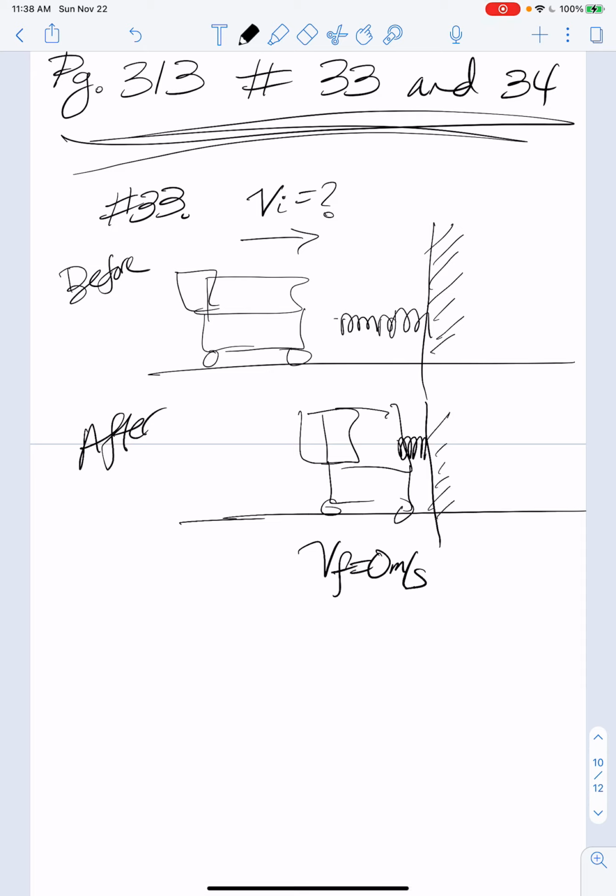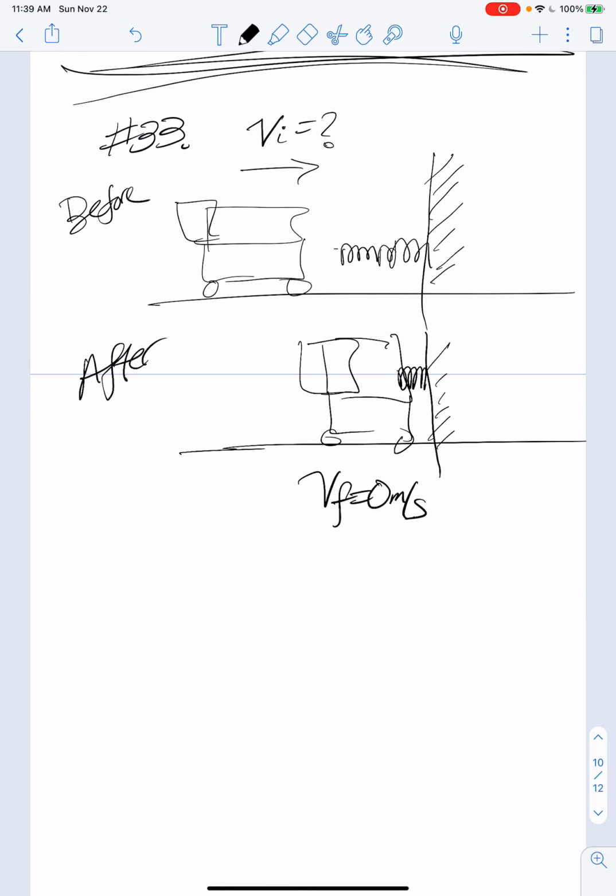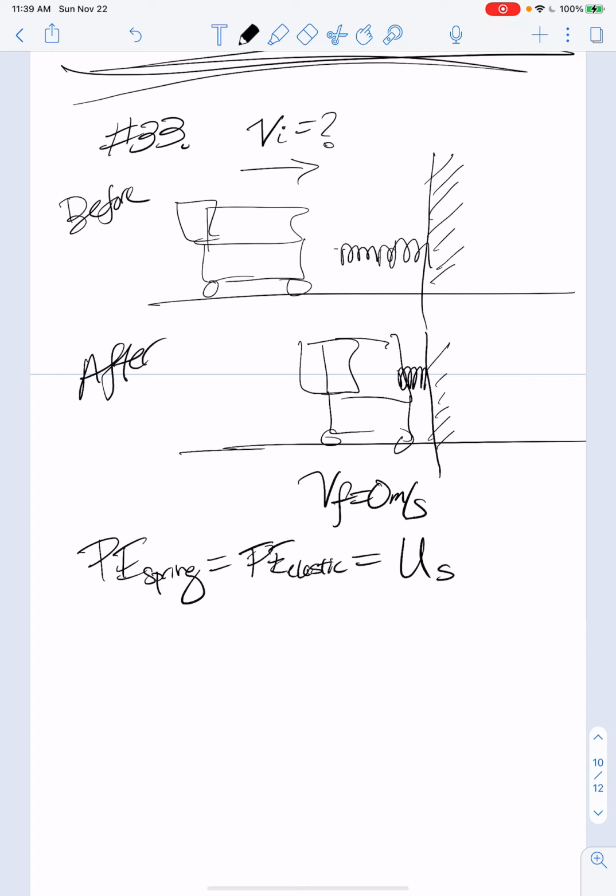So what we have here then is an energy balance, right? Where we have two types of energy happening, initial and final. And this is where we're going to see that the PE of a spring, or PE elastic, or U spring or U elastic, whatever you want to call it.